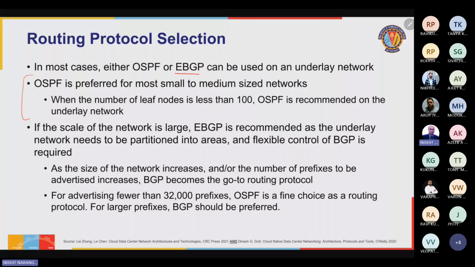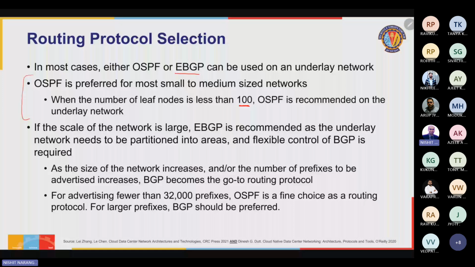If the number of leaf nodes is less than 100, you can use OSPF. It will work well, right? You get the granularity of information exchange that OSPF brings with its link state advertisement. And the convergence also happens fast enough in a network that is not more than 100 switches, 100 leaf nodes.